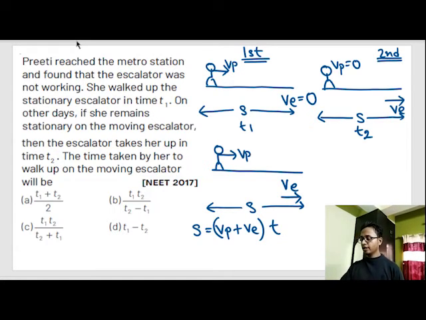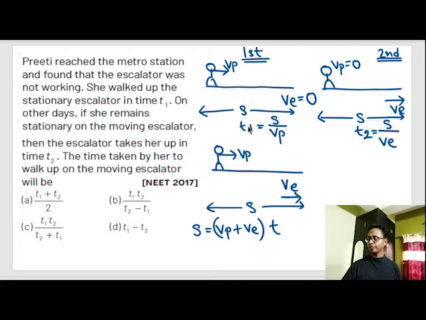Now see the first day, t1 is nothing but distance by velocity, where distance is s and velocity is velocity of Preeti. t2 is nothing but distance by velocity, s by velocity of escalator.